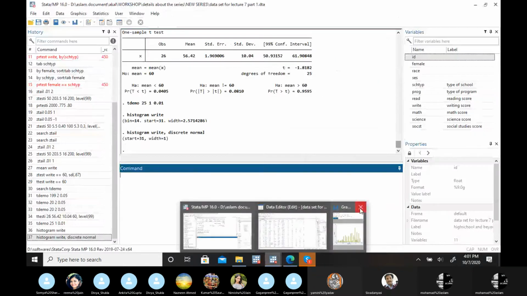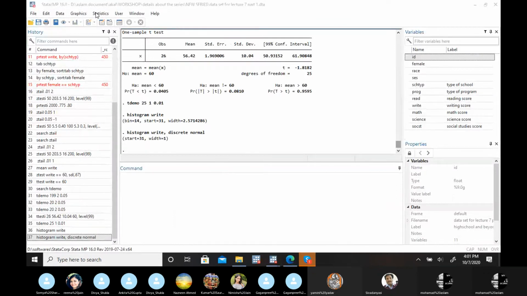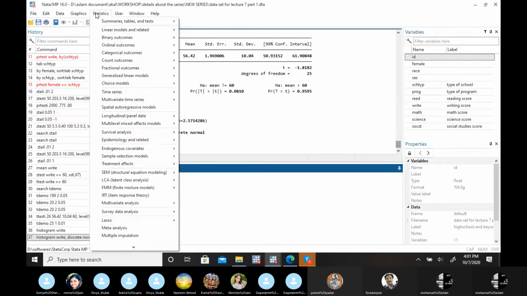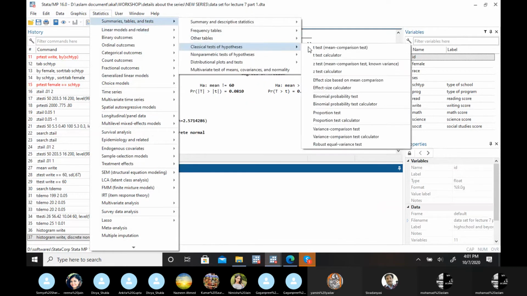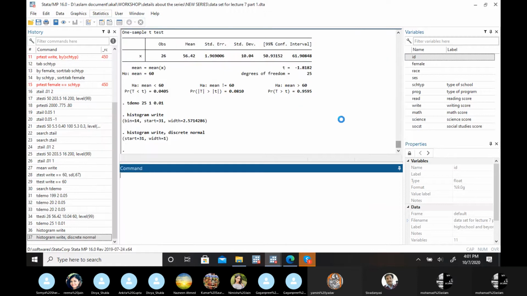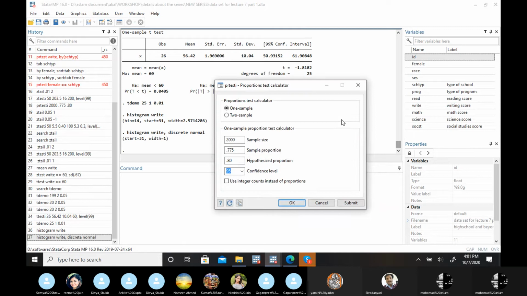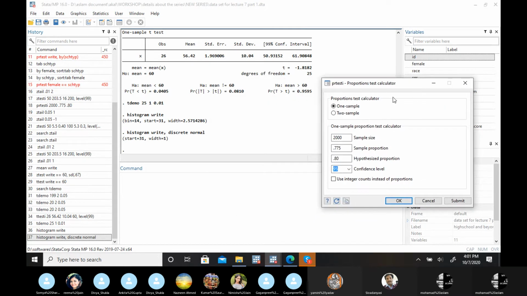For the proportion test, right now we are only doing the one sample test. Classical test of hypothesis, now proportion test. We don't have the full data set, so we have to calculate this. In this particular case, I already entered the values you have to enter. It's a one sample case. 2000 is the sample size, 0.775 is the sample proportion.